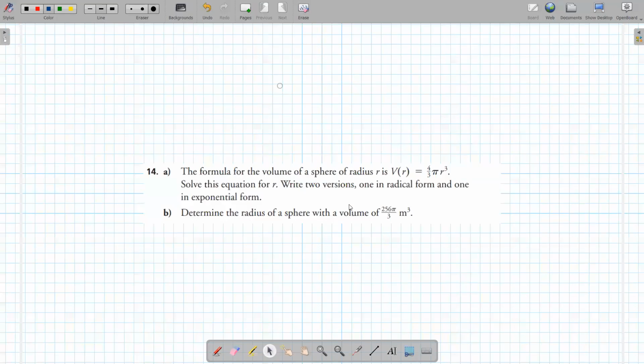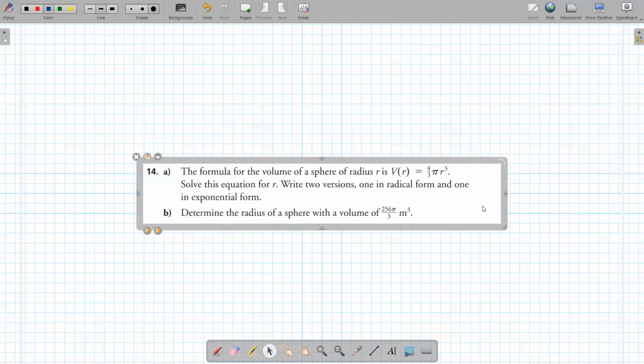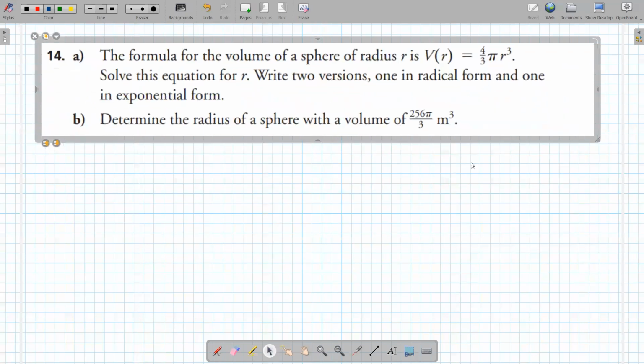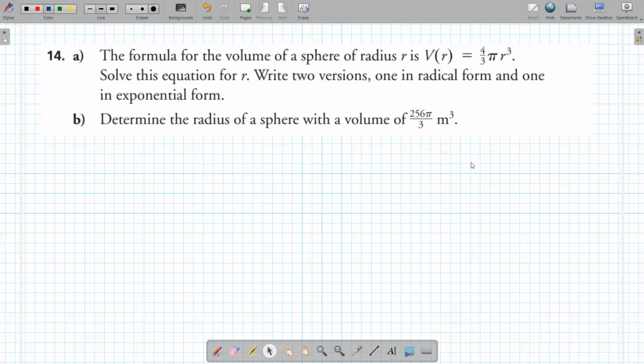Let's do this one. So they've given us the volume of a sphere, 4 over 3 pi r cubed. And the question says, solve this equation for r. Alrighty, so this is our formula.